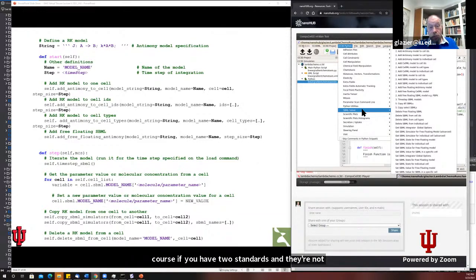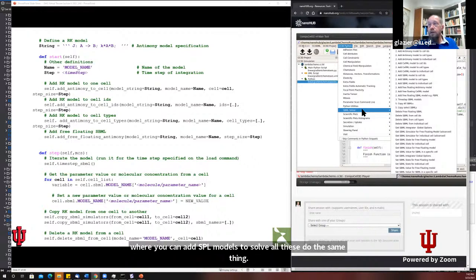But there's another language called CellML, which is used by some people, and you can read and write CellML. And pretty soon there's going to be yet another one that we're going to support as well. But there are multiple standards for this kind of specification. Or you can add SBML models to cells. All of these do the same thing. And then there are those free-floating options.